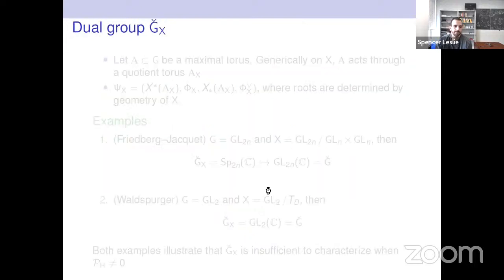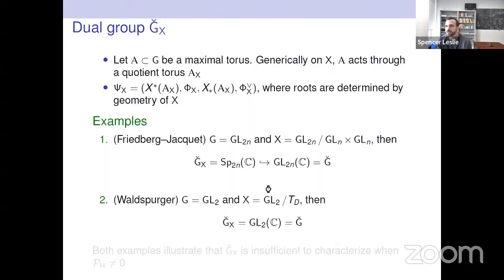which states that the parameter should factor through the symplectic group, is precisely what's being conjectured here by Sakellaridis and Venkatesh. On the other hand, going back to the Waldspurger period, if I take GL2 in this torus, then in this case, the dual group for the variety ends up just being the same thing as the dual group for G. And so that's no constraint at all. That doesn't tell me anything.